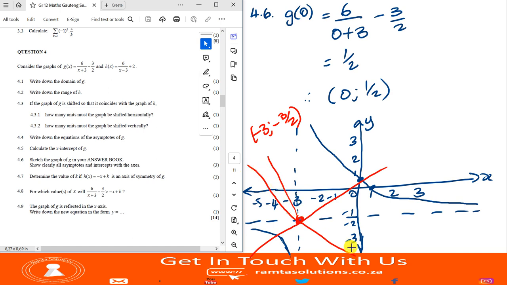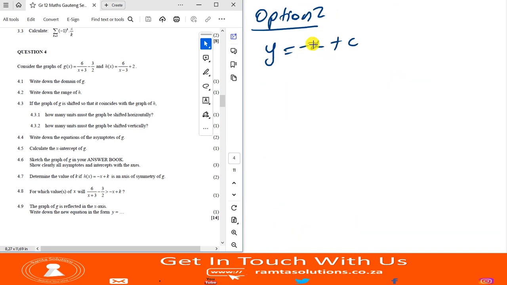So the point that was given was which one? It was the point that is basically where the asymptotes are intersecting. The point is -3 and -3/2. Okay, so we're going to substitute it into this. Where there's x, you put -3. Where there's y, you put -3/2.